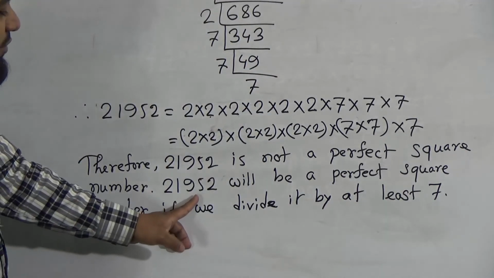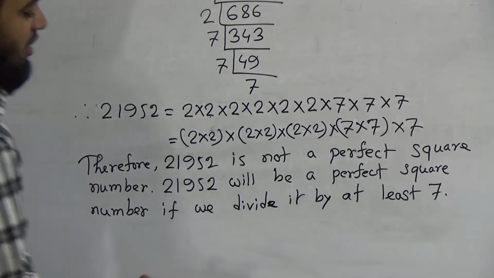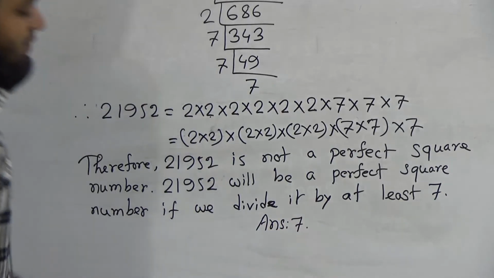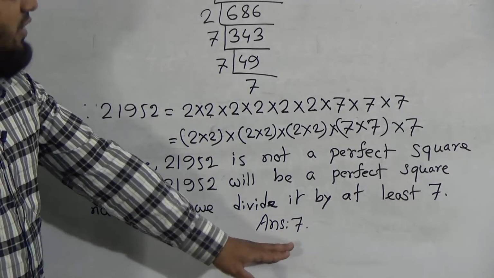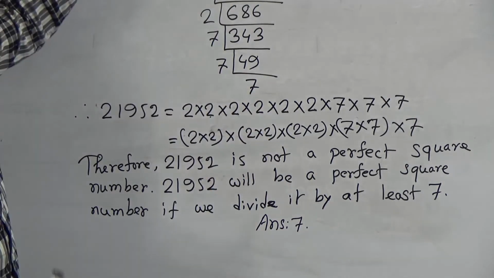If we divide this number by at least 7, then we can get a perfect square number. I think you have understood, my dear students. The answer will be 7. If we divide 21,952 by 7, then we get a perfect square number.